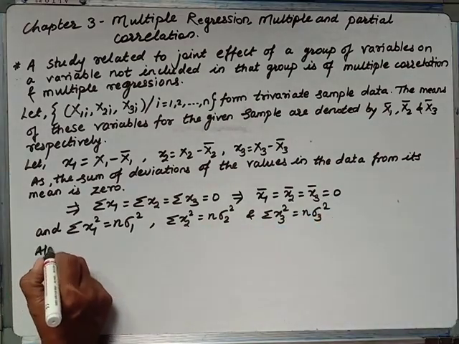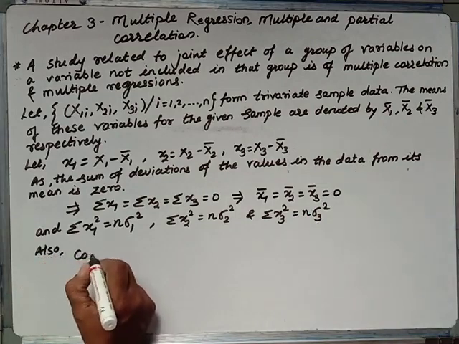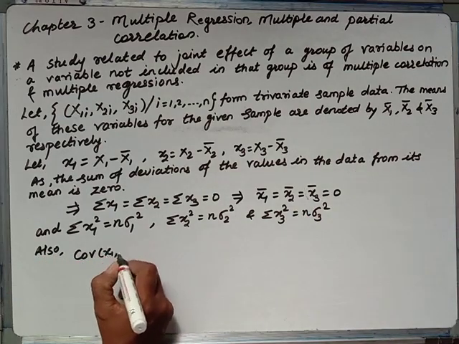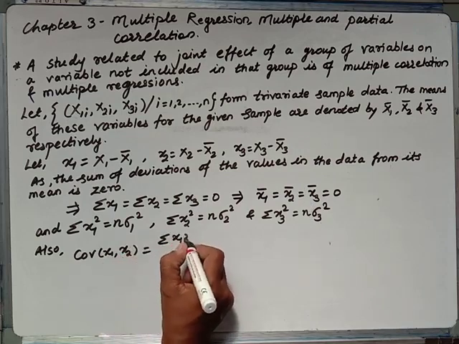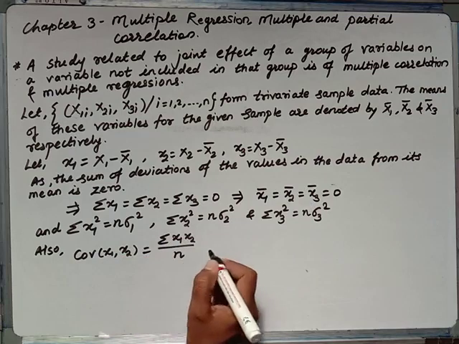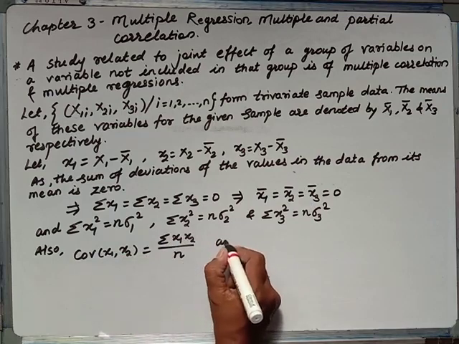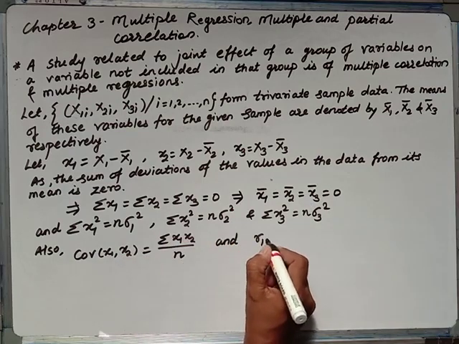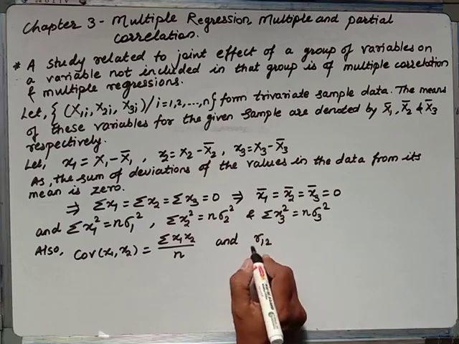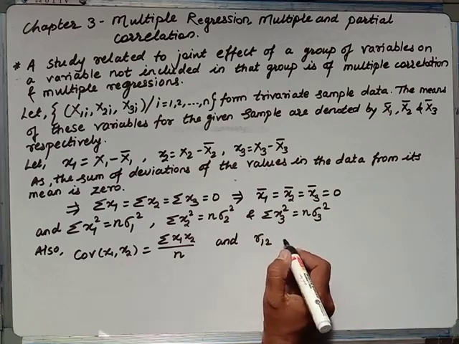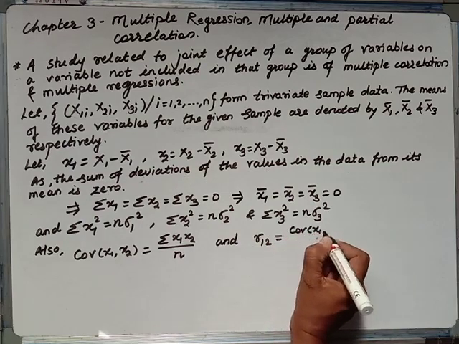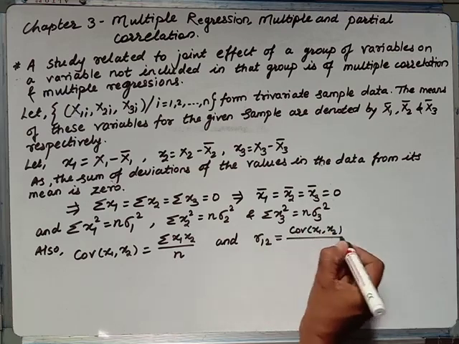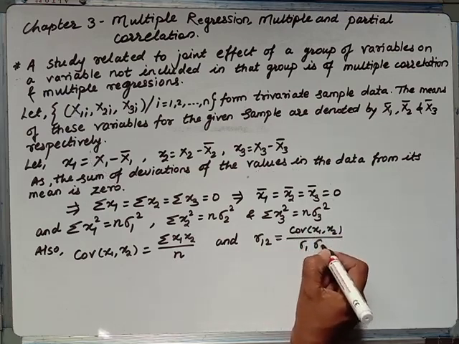Also, covariance between x1 and x2 is summation x1 x2 upon n, right? And the correlation coefficient between x1 and x2 is denoted by r12, which is covariance between x1 x2 upon sigma 1 into sigma 2.